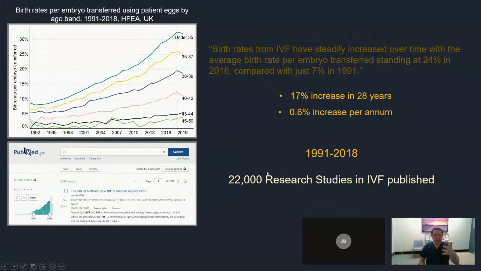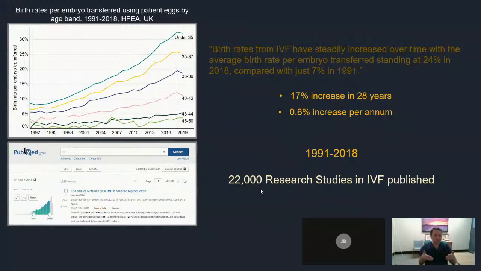And of course, an advanced healthcare system such as the United Kingdom used the best of those research evidence and applied it to clinical practice. Still, they managed to get only a 0.6% increase per annum. And remember this, a lot of these 22,000 research papers, maybe thousands of them, claim the intervention can increase the success rate by 5% or 10%.